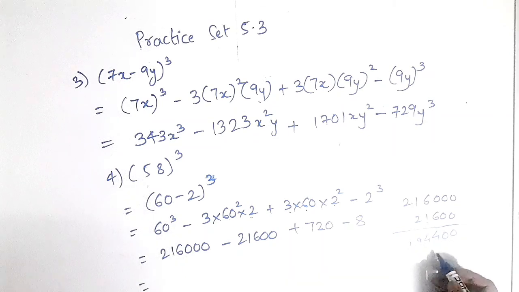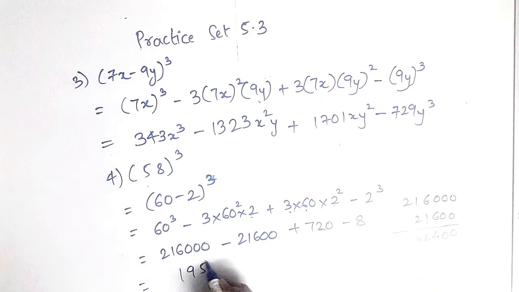Okay, I'll add plus 720 to it, minus 8, so it will become 112. Okay, so your answer is 1,95,112. Okay, then let us move on to fifth one, which is 198 cube.